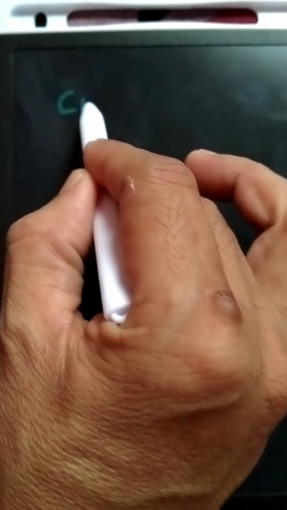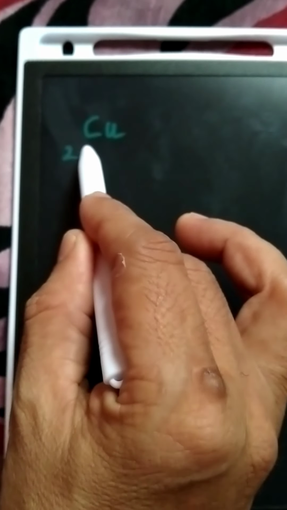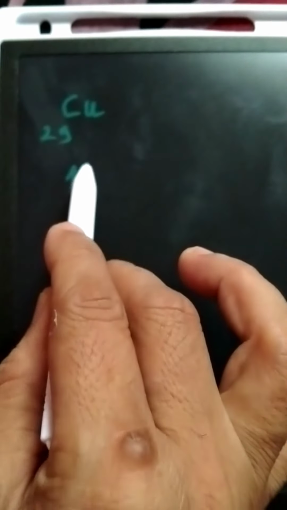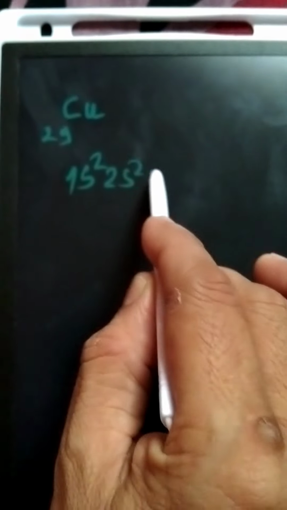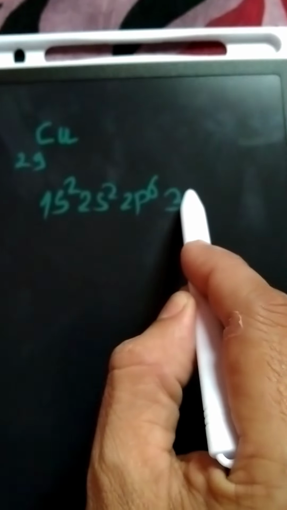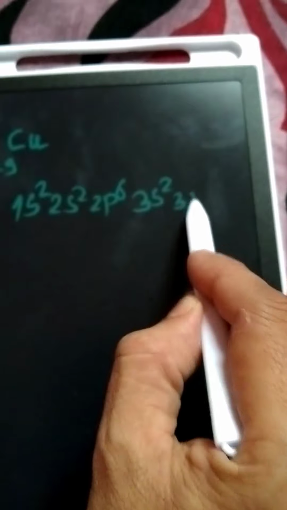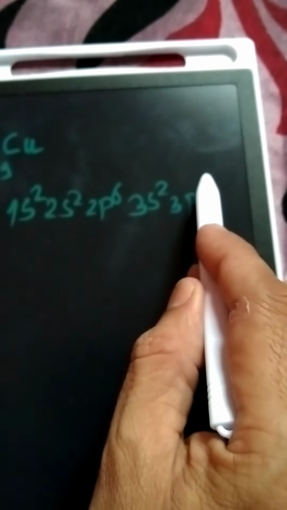For example, if we study the configuration of the atom copper, copper has atomic number 29 and is from the D block. It is present in the 3d row, a 3d transition element from the D block. What will be the configuration? 1s2, 2s2, 2p6, 10 electrons are filled up to this. 3s2 filled, then 3p6.